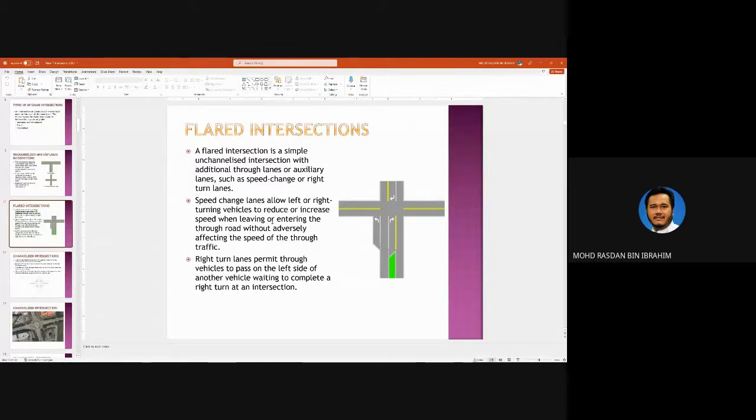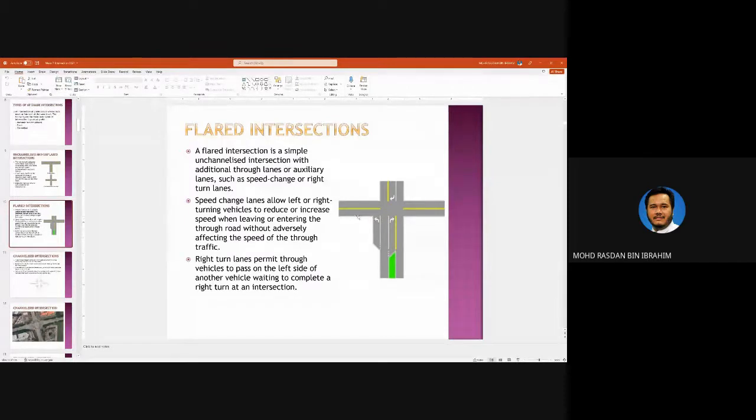Okay, speed change lanes allow left or right turning vehicles to reduce or increase speed when leaving or entering the through road. So you can call this lane an auxiliary lane, but this type of lane is specifically a deceleration lane.